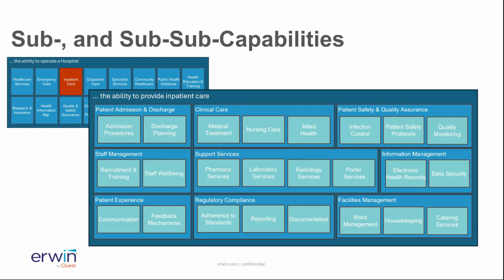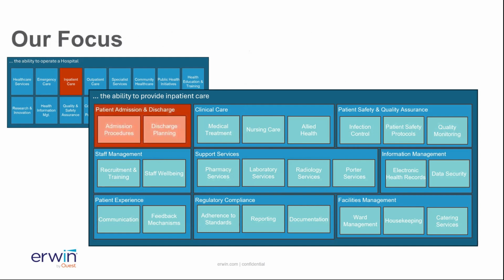So you might expect there to be a significant number of capabilities in there, which can all be managed independently of each other, and all of which need analytics input to run efficiently. And what we're going to do is have a quick look at the patient admission and discharge capability, which itself is within the inpatient care capability, which itself is in the ability to run a hospital. So you can see we're drilling right down here.